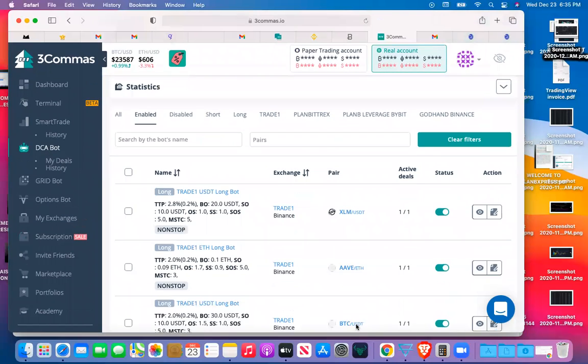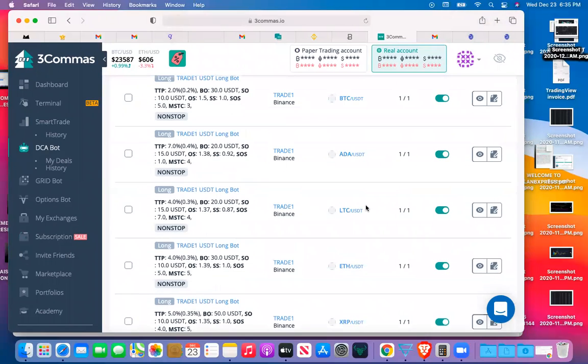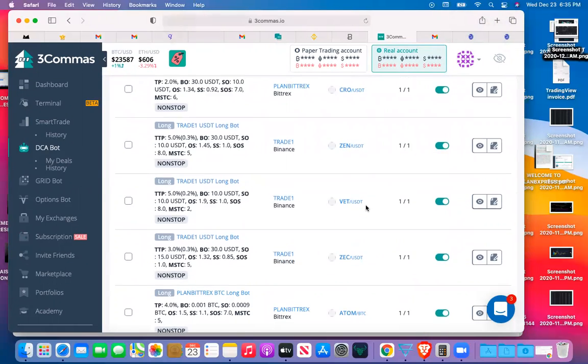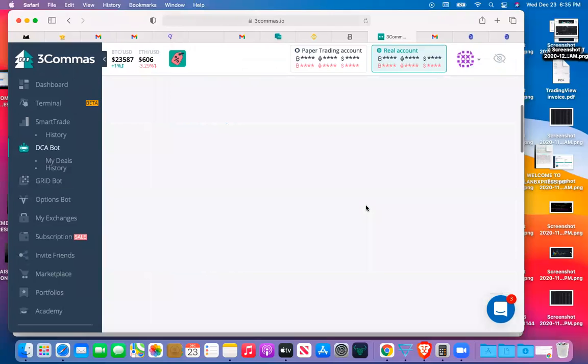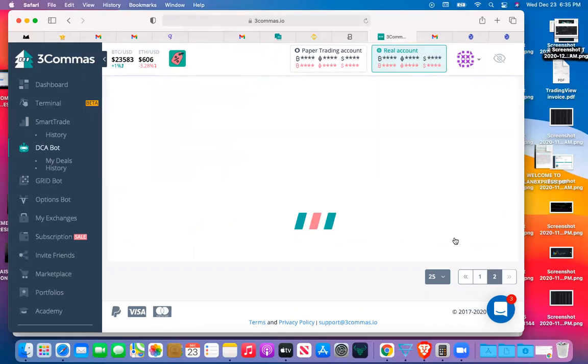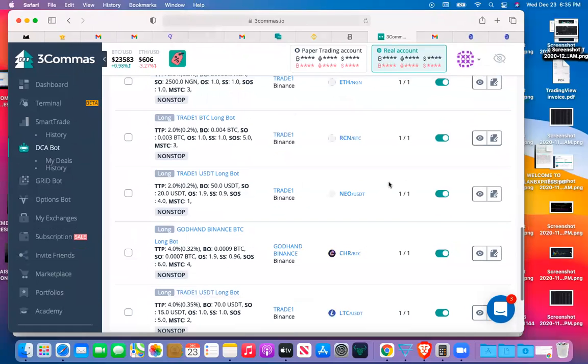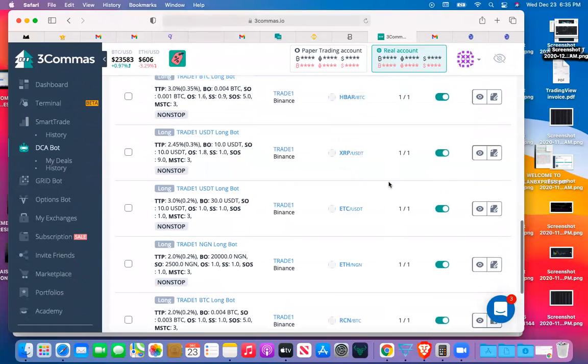You can see XLM, ETH, Ethereum, BTC, USDT, and so many of them. I have about 30-something bots open. I'm not saying you should do that. Don't do that, because if your money is too low, there is no point opening too many bots at a time. So be very careful how many bots you open at a time.